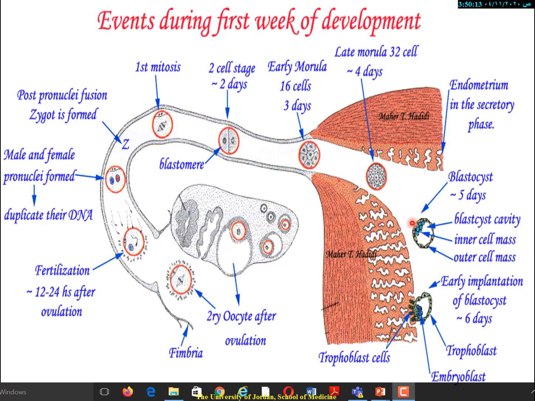So that was the product of the final 5th day of development. We call it blastocyst. It was secondary oocyte, then zygote, early morula, late morula. Now the late morula has transformed into blastocyst.